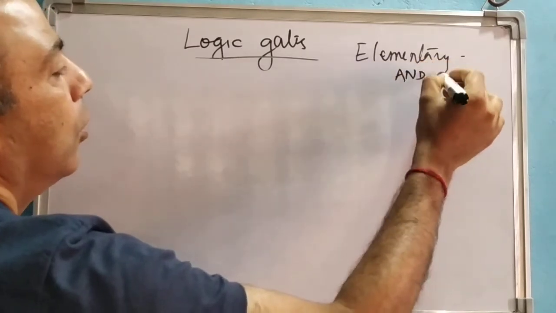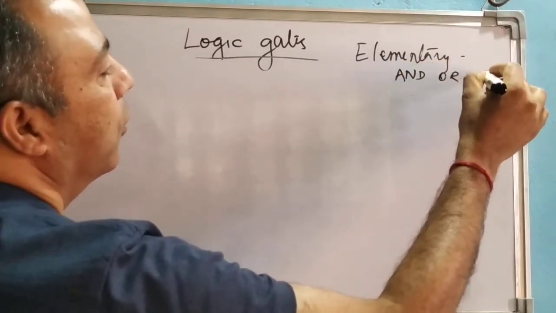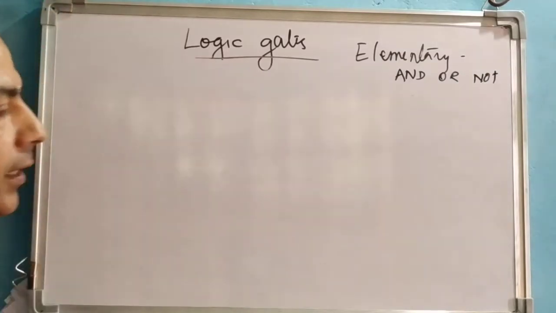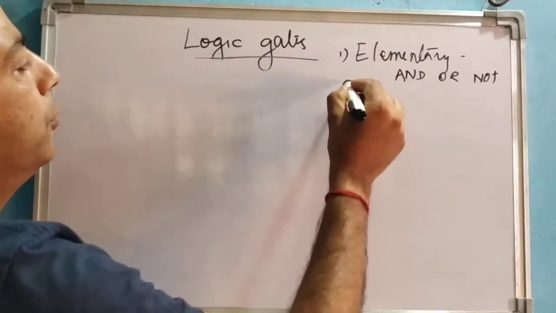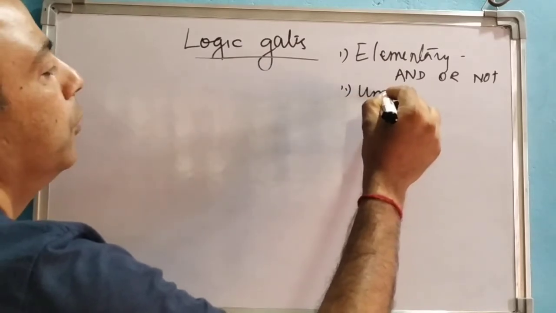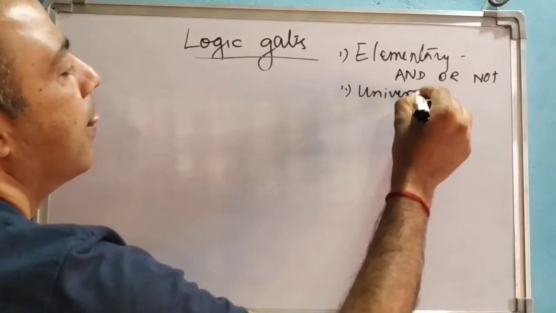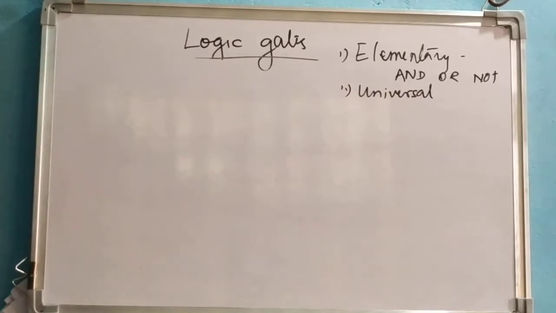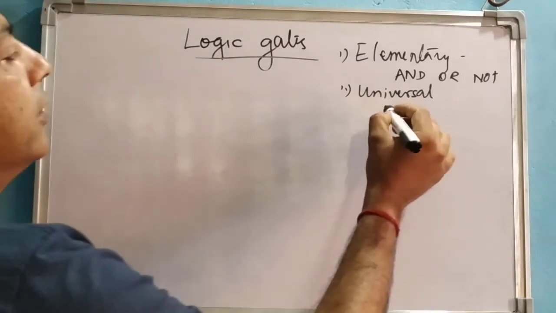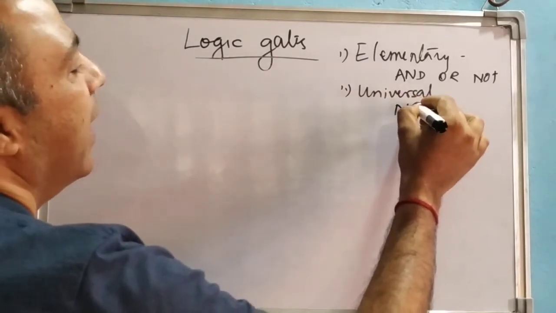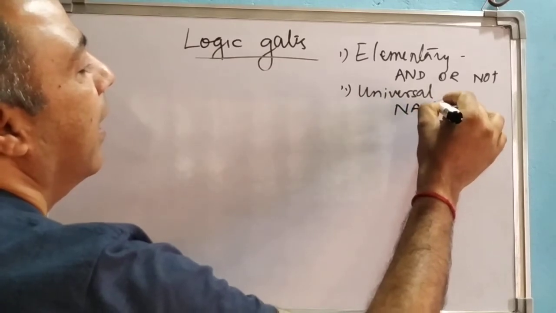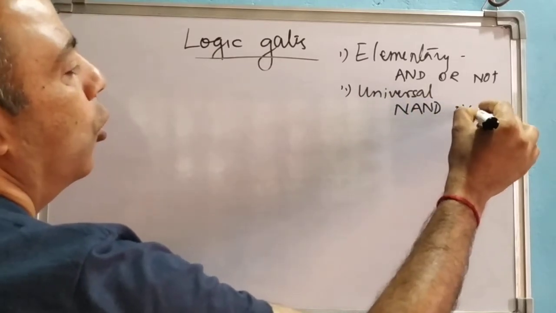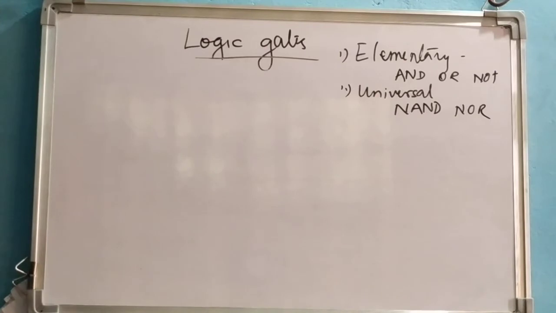The next type is the universal logic gates, in which NAND and NOR come.